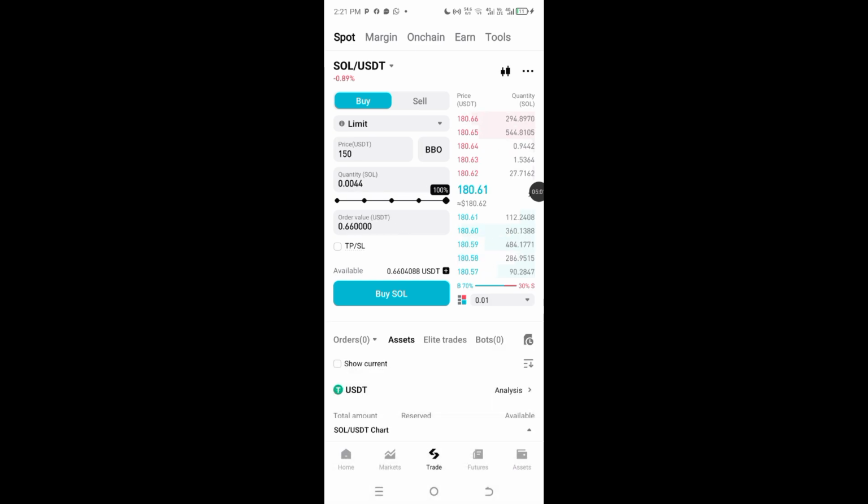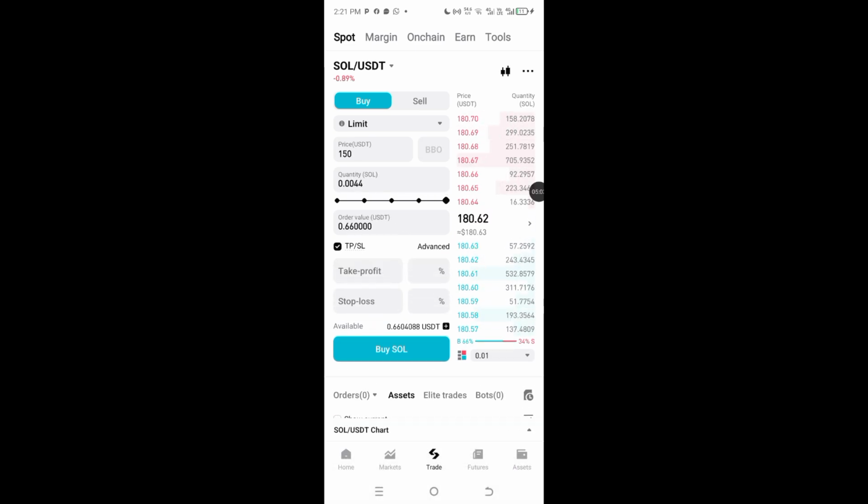You put your quantity, put your stop loss and take profit here, and you click on buy Solana. The difference between limit and market is very easy. Limit is you telling the exchange, look, I want to buy cheaper. Please initiate my order when the price reaches my own designated price.